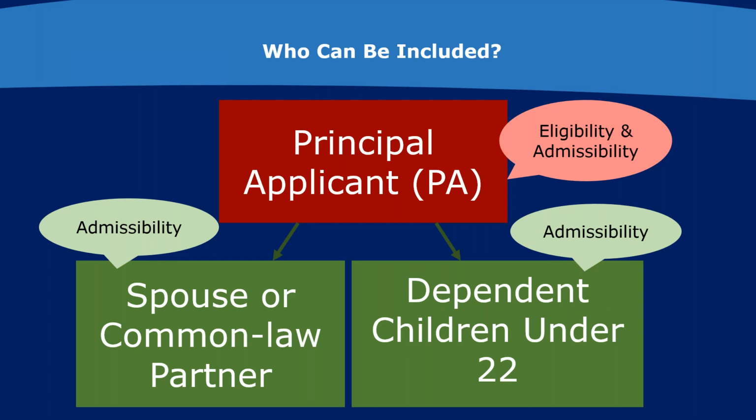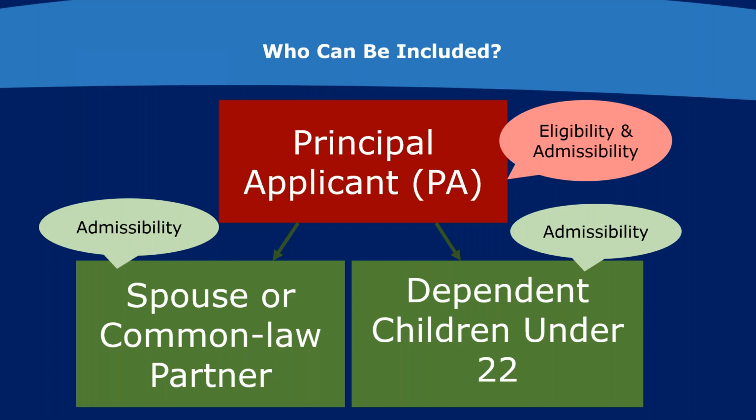In terms of eligibility, only the PA is assessed on eligibility: on them having a refugee status document, not having a durable solution in the country of asylum, having a sponsoring group in Canada, and being outside of their country of origin. Only the principal applicant is assessed on eligibility.